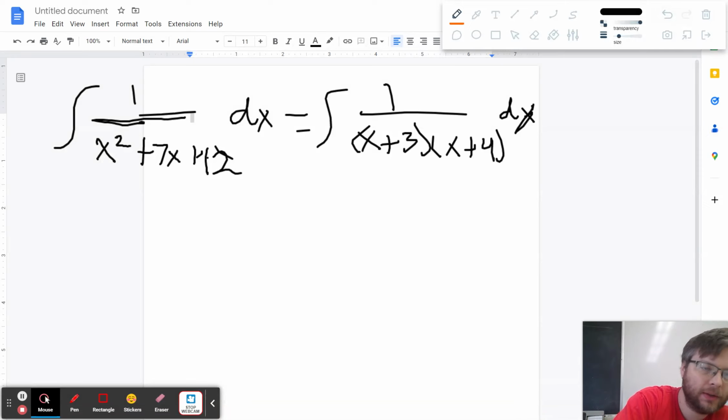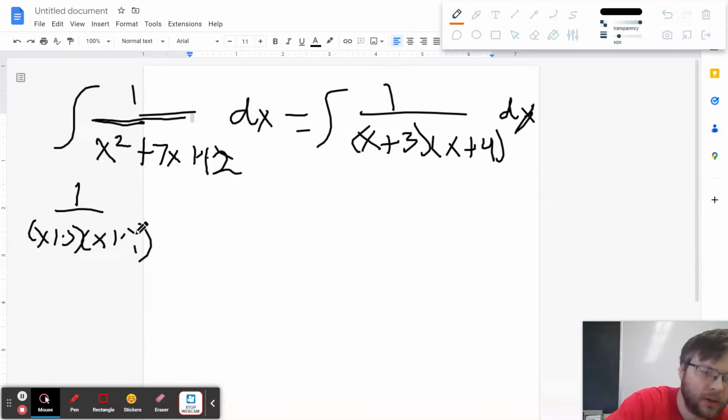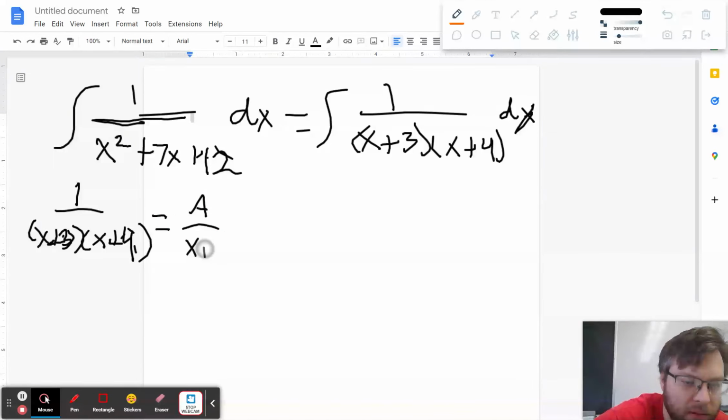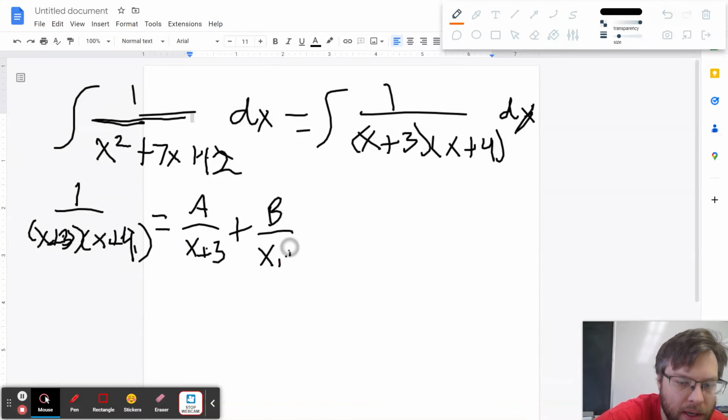Usually the way it's done is you say the original problem, 1 over x plus 3 times x plus 4, equals a over x plus 3 plus b over x plus 4.